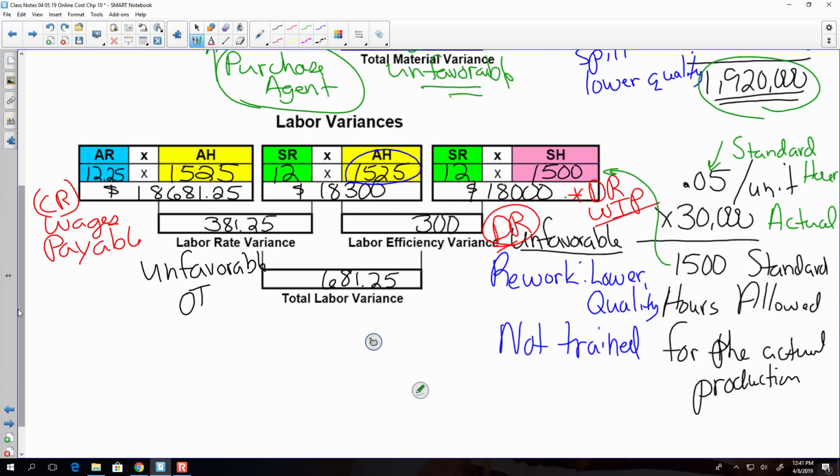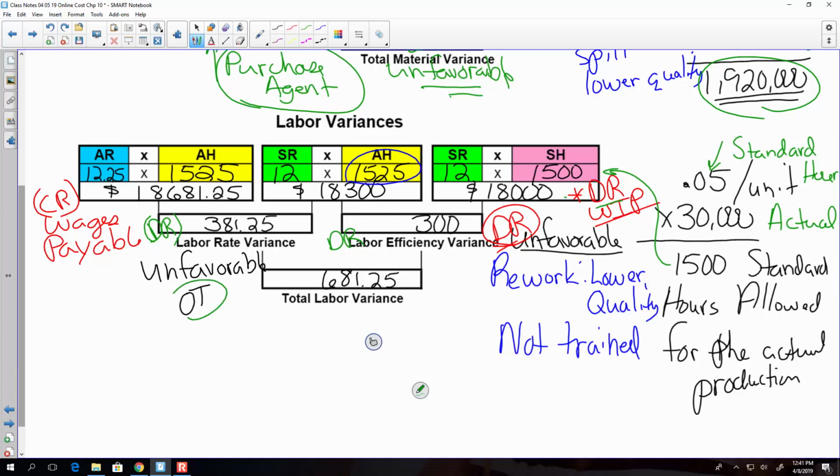And this 18,000, yes, is what I'm going to debit to work in process. But at the same time, again, I have an unfavorable variance, which causes a debit entry, right? I'm going to debit labor efficiency variance. And in my reality here, I have another debit for my rate variance. I paid more.